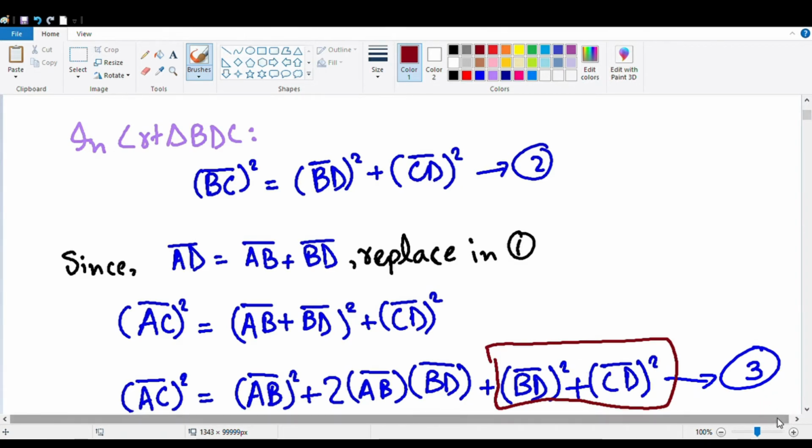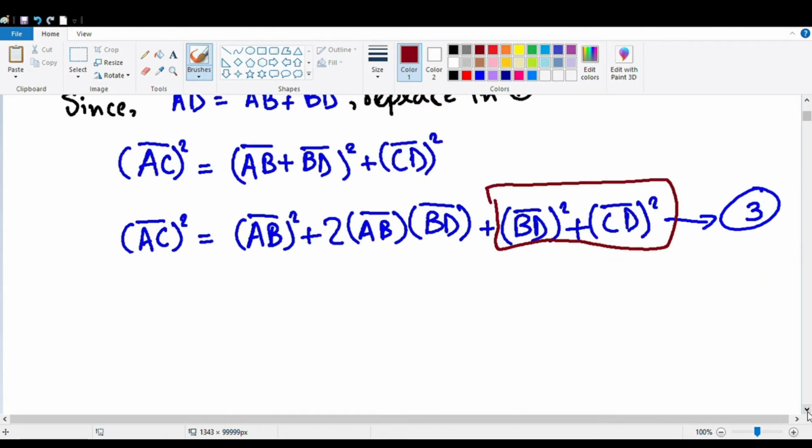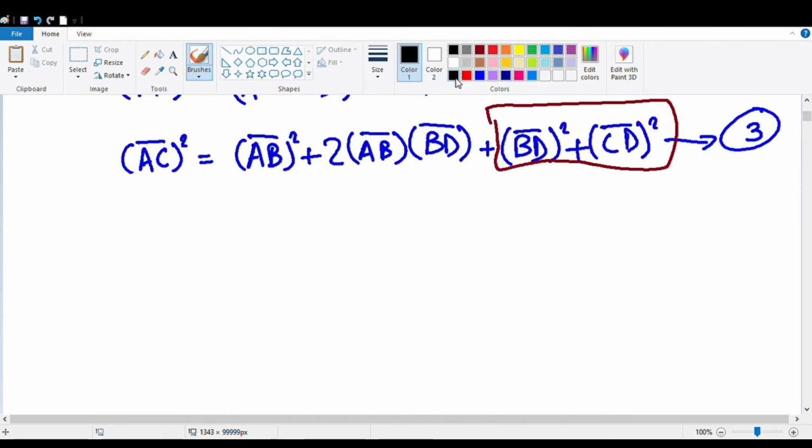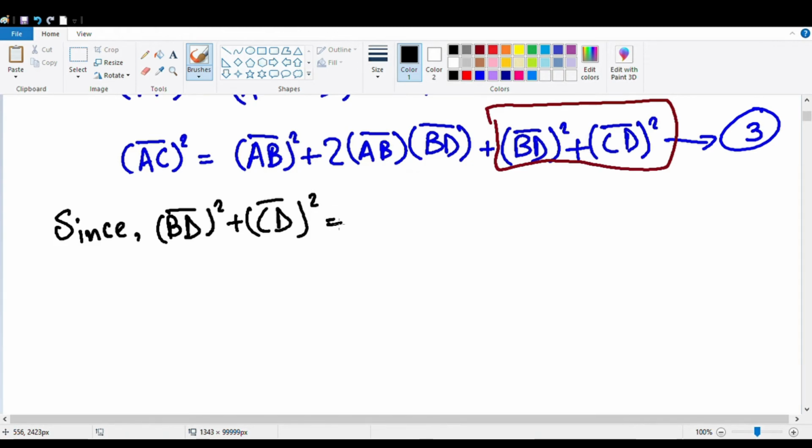So right here we're going to say since BD square plus CD square is equal to BC square, replace. That's all we're going to say, and that's enough.